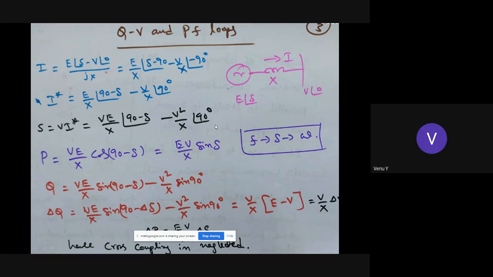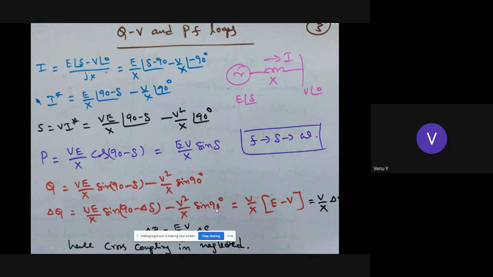Cos of 90 minus delta equals sin delta, and hence frequency, delta and omega are all related, so interchangeably you can use these terms. Hence Q is equal to V by X sin of 90 minus delta, minus V square by X sin 90, which equals V by X into E minus V. Delta Q is a small variation in Q, which can be expressed like that.